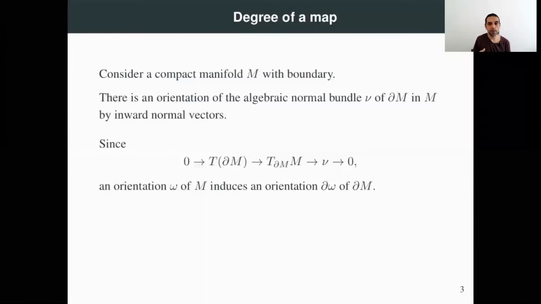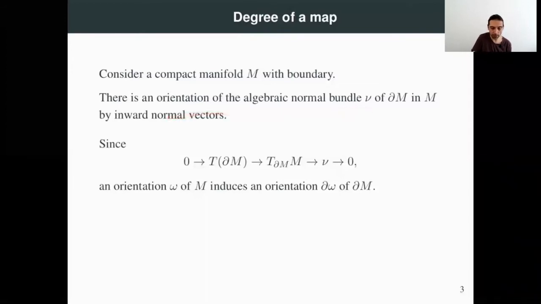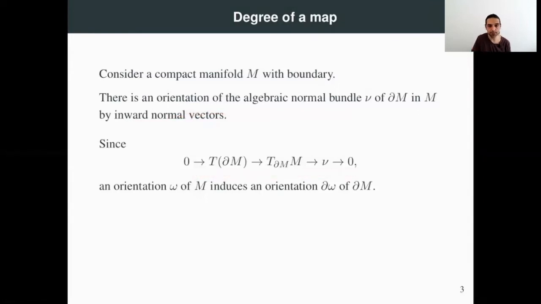Now consider a compact manifold M with boundary. As we said, there is an orientation of the algebraic normal bundle of the boundary by inward normal vectors, and we have this short exact sequence. If we assume that we have an orientation omega of M, then the tangent space of M is oriented, as this vector bundle is oriented, and its restriction to the boundary of M is also going to be an oriented vector bundle.